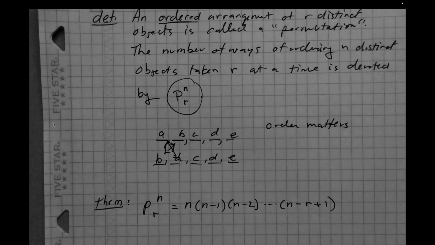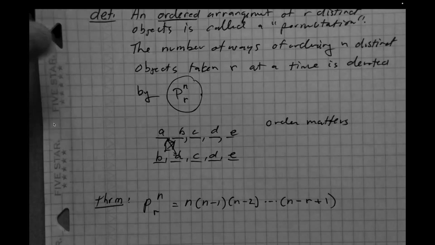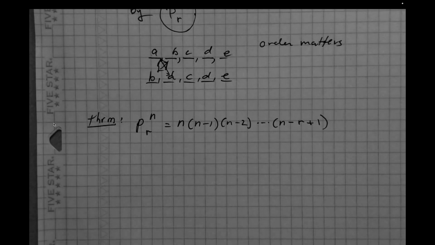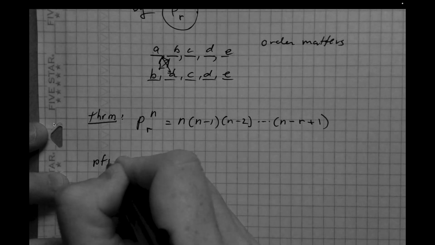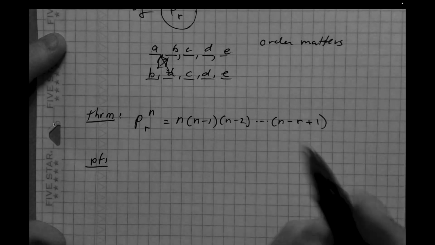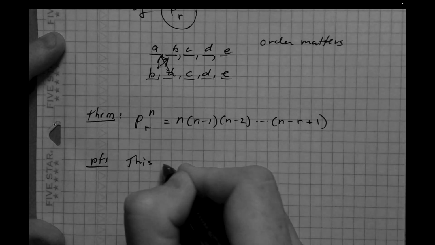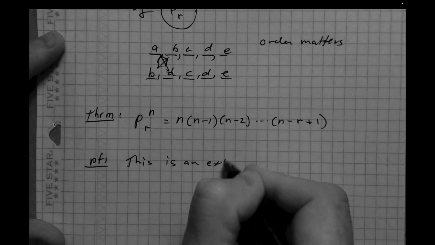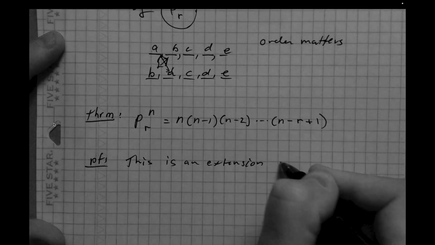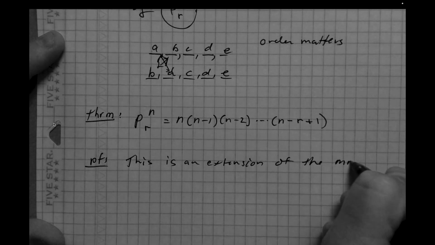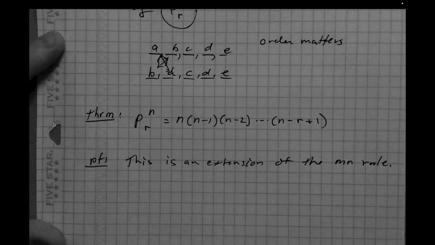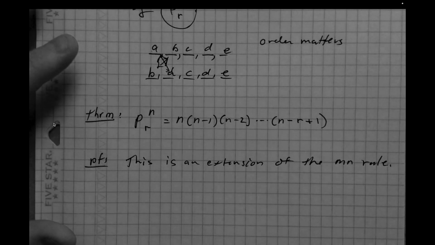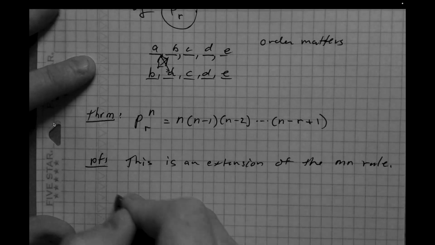Okay. Now, the proof of this is really just an extension of the MN rule. So let's talk through this proof. Okay, so the number of ways of choosing item 1.